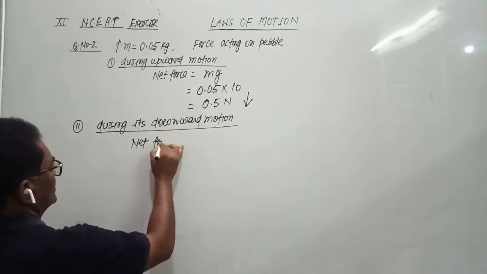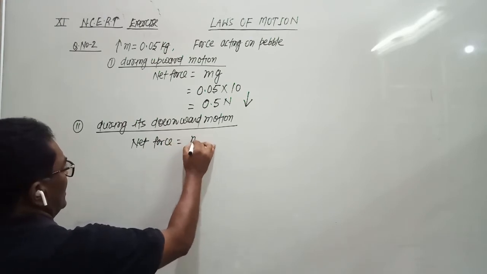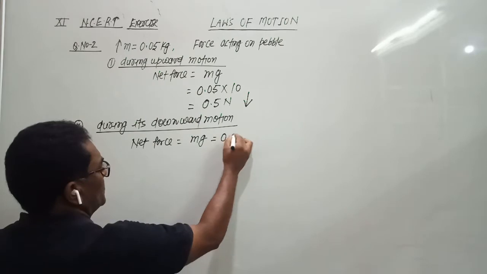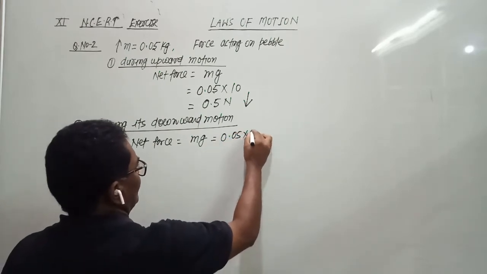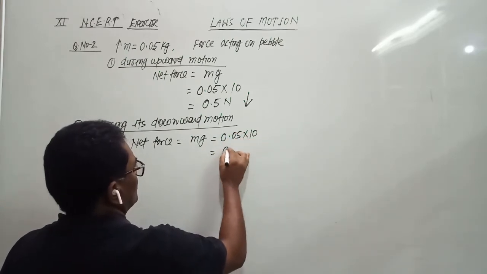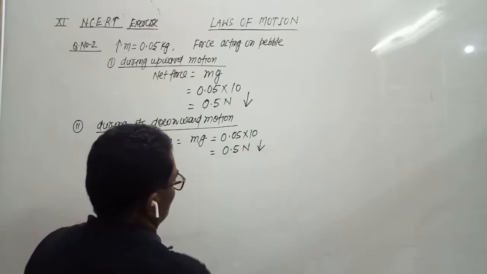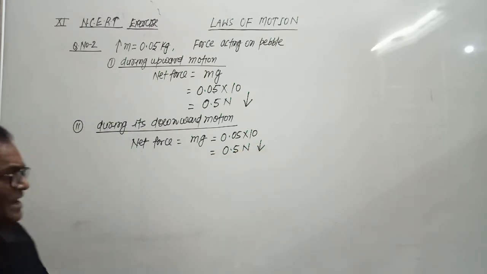So the net force in this case is also equal to m into g, mass 0.05 and the value of g is 10. So 0.5 Newton, and the direction of this force is again vertically downward.